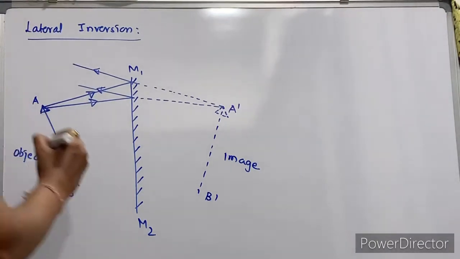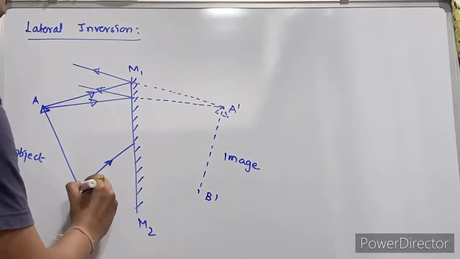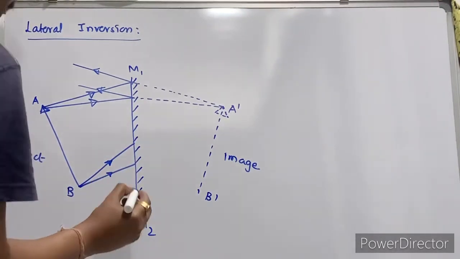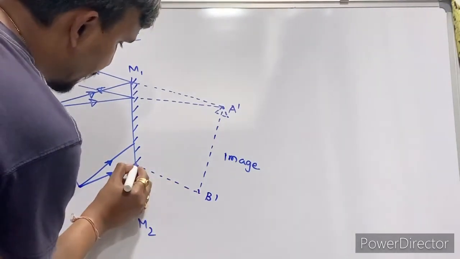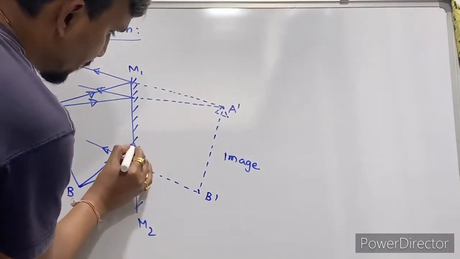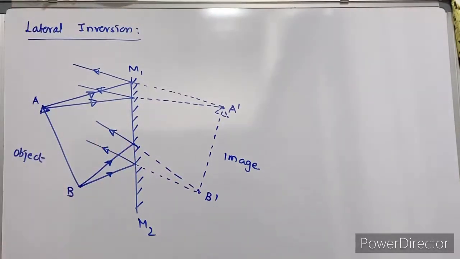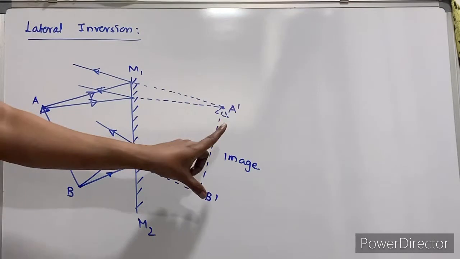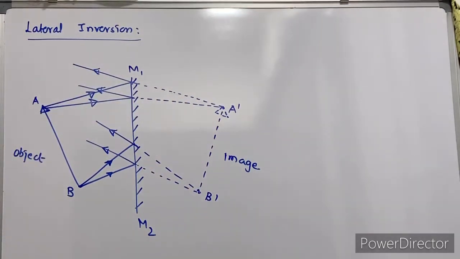The second ray is incident from here. This is the second incident ray, and this will be the reflected ray like this. So this is my incident ray, this is my object, this will be my image. This is called lateral inversion.